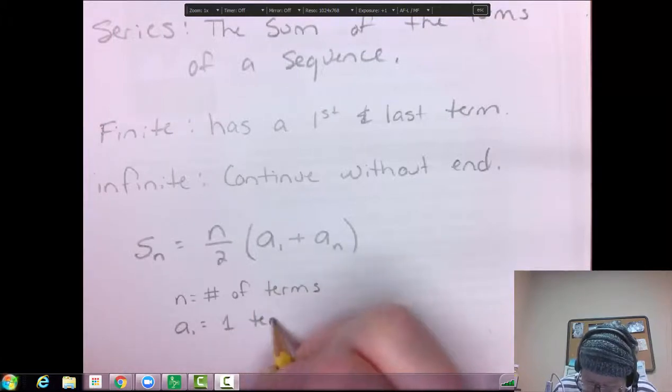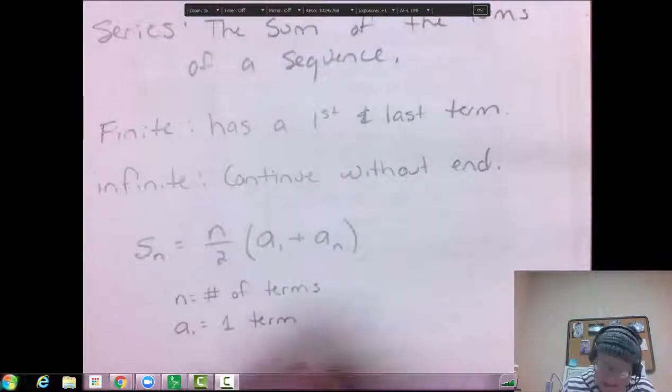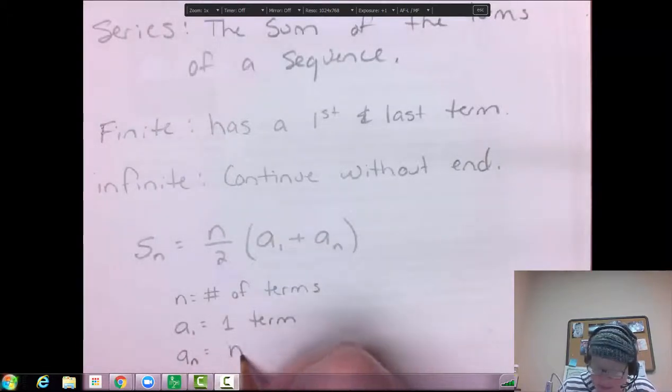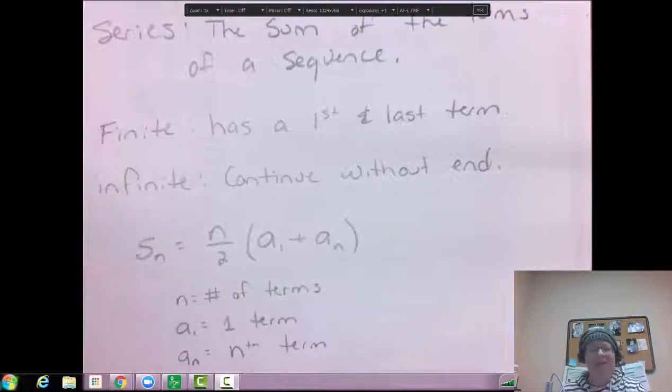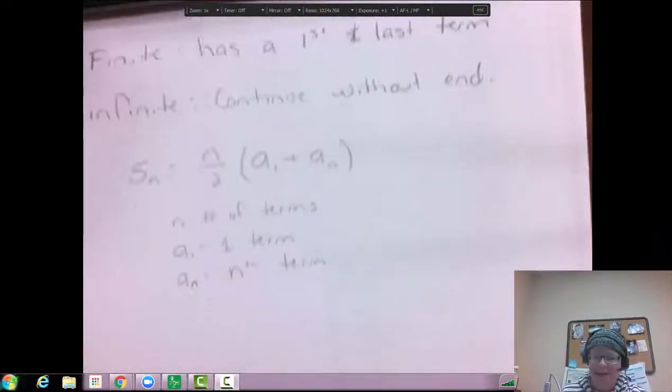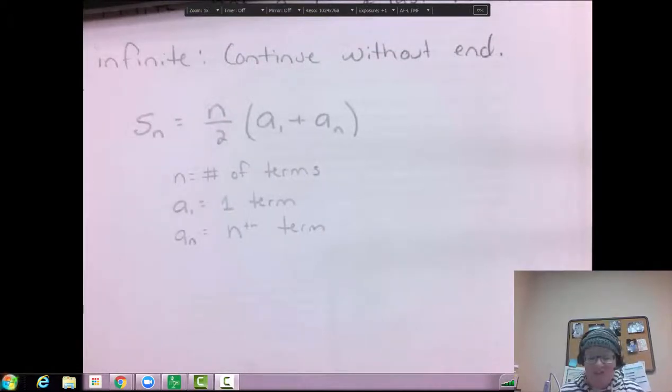We've seen a1 and a sub n before in our other sequence formulas. So we have this formula that's going to tell us the sum of a sequence.